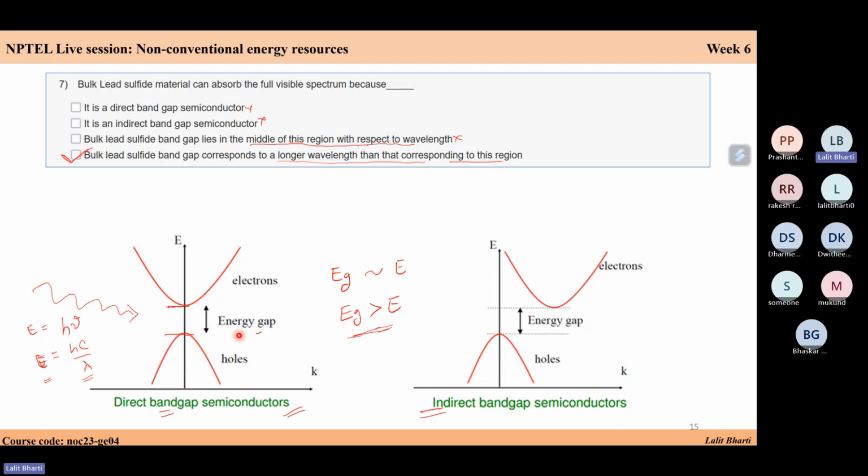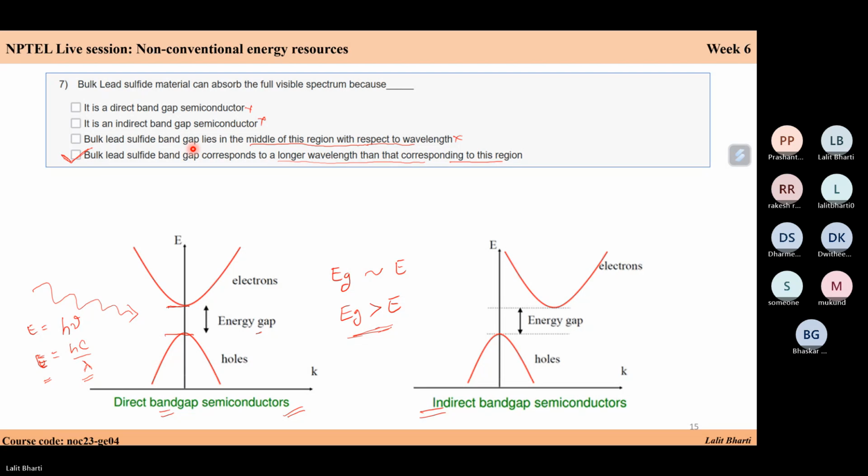If you have this, be it a direct band gap semiconductor or an indirect band gap semiconductor, it will be absorbed. So it doesn't depend on the type of semiconductor. It depends on the incident energy of the radiation and the exact band gap of the particular material. That is why these two options are correct.